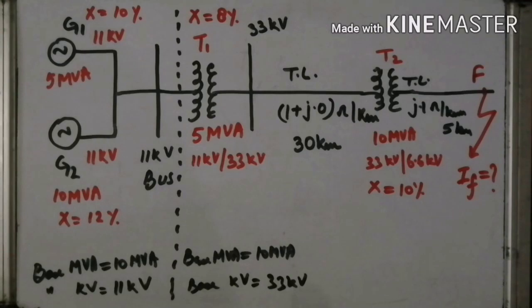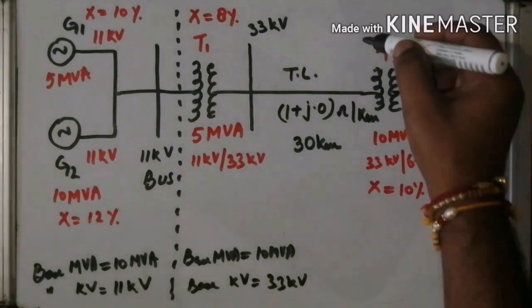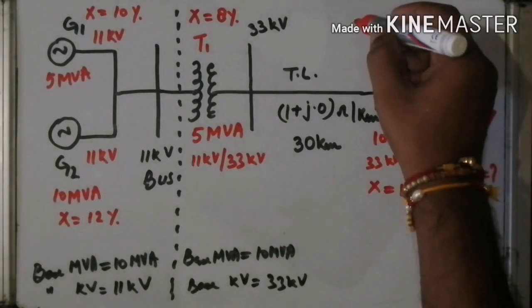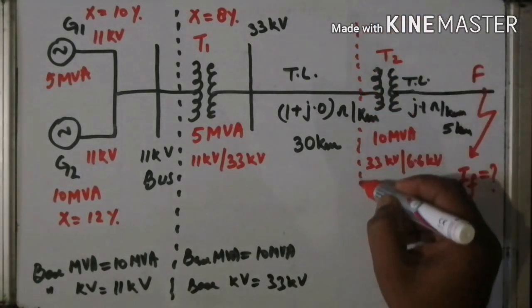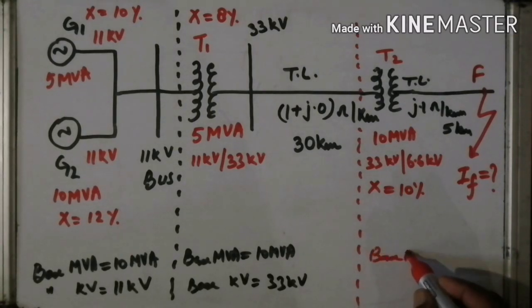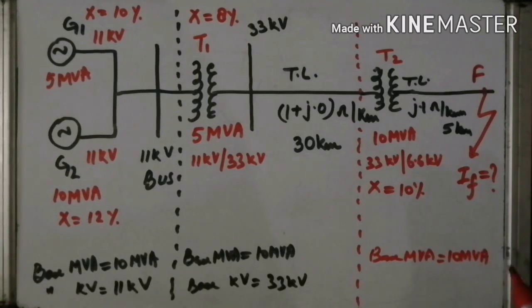After that, now at this point, here the base MVA is the same throughout the circuit, but the base kV depends upon the voltage ratio of the transformer, that is 6.6 kilovolt.